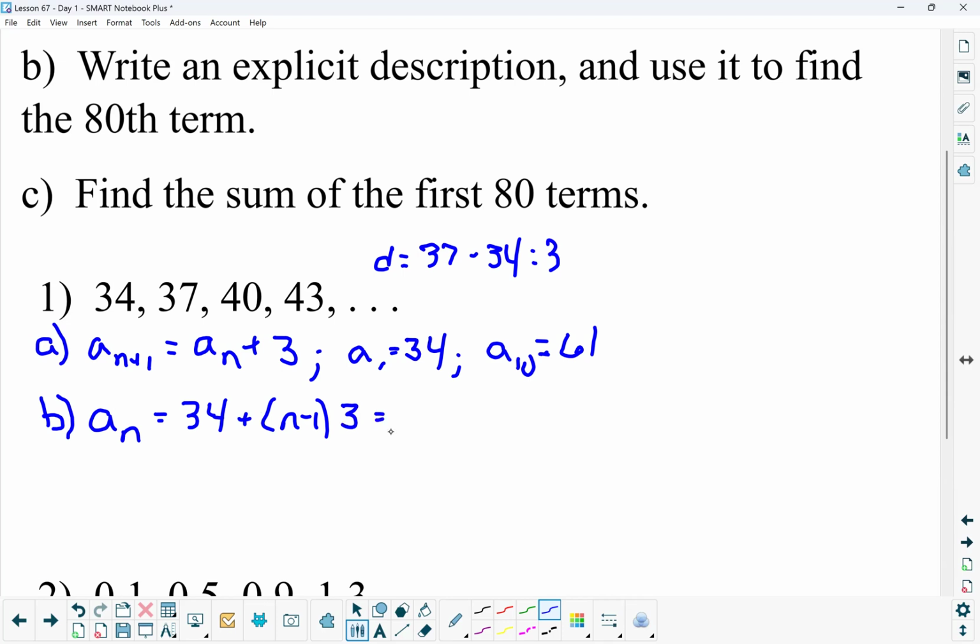I'm going to rewrite this a little bit. We have 34. If I distribute the 3, we would get 3n minus 3, or if I combine my like terms, 3n plus 31.